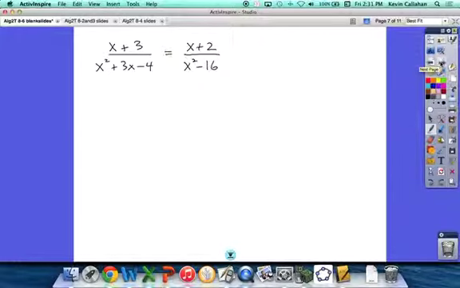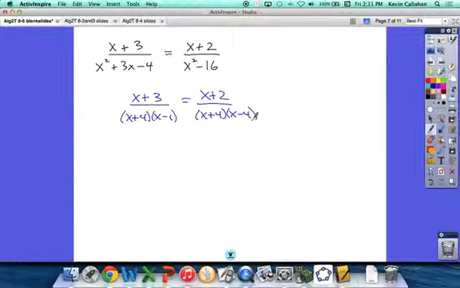Right? This factors like x plus 3 over x plus 4 times x minus 1 equals x plus 2 over x plus 4 times x minus 4. We're just factoring the denominators. The LCD is, so you got an x plus 4, an x minus 1, and an x minus 4.